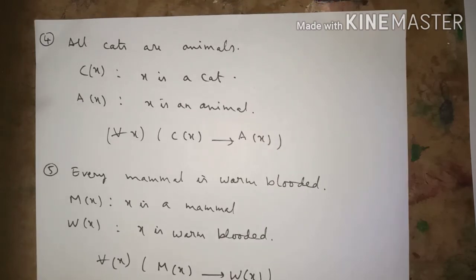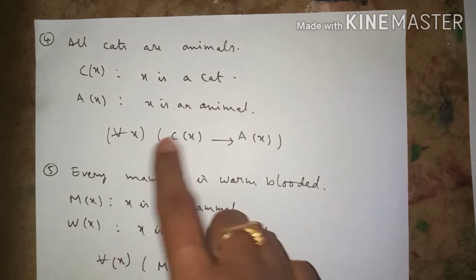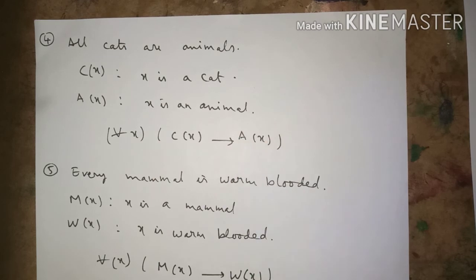The next problem: all cats are animals. C of x means x is a cat. A of x means x is an animal. For all x, if C of x, then A of x. If x is a cat, then x is an animal.